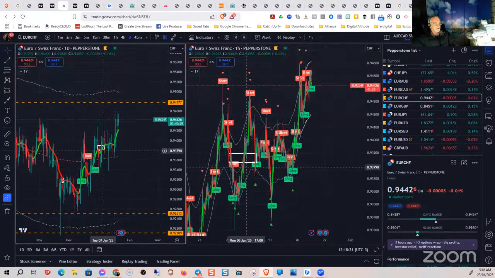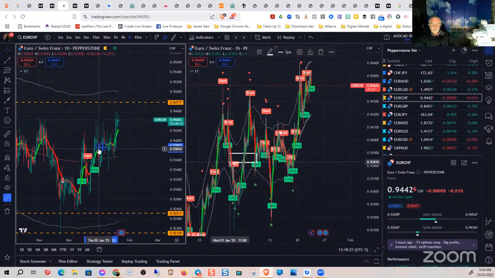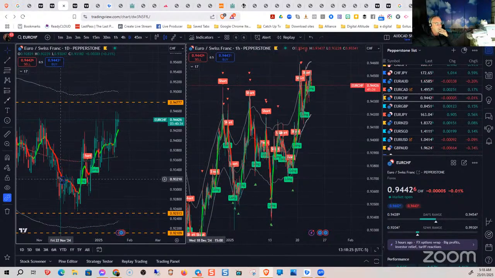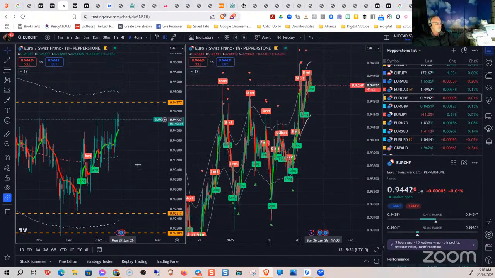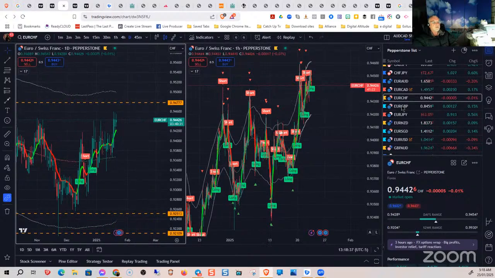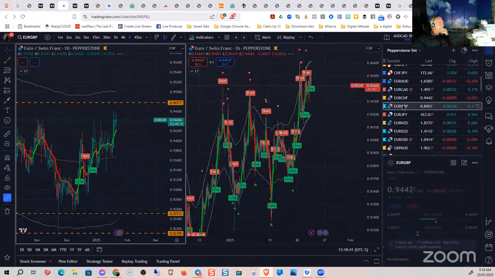So we will see what happens in relation to that. That's back in November, December. Yeah, so from the start of the year, it's pushed up. It's nice. Okay, Euro GBP.